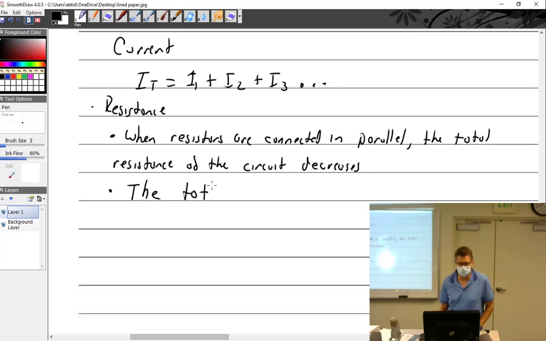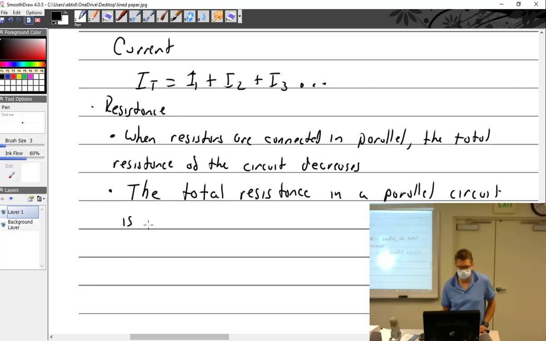And a way to always check yourself. The total resistance in a parallel circuit is always less than the smallest resistor in the circuit.